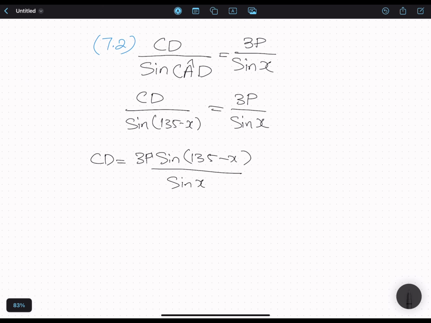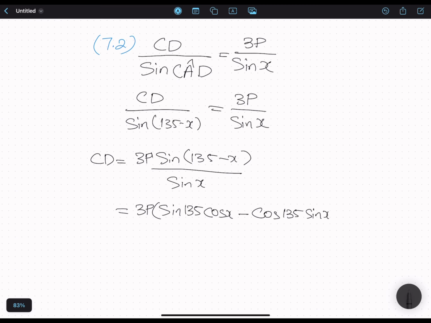We just need square root of 2 at the bottom and cos x at the top, right? So we know the compound angle identities. We can have 3p, and this sine 135 minus x can be written as sine 135 cos x, minus, because it's sine we have minus, then we just switch them to cos 135 sine x.